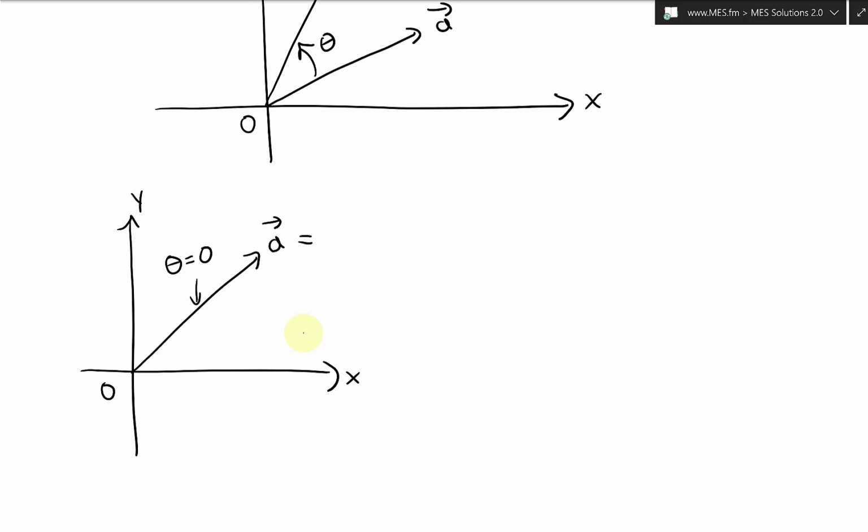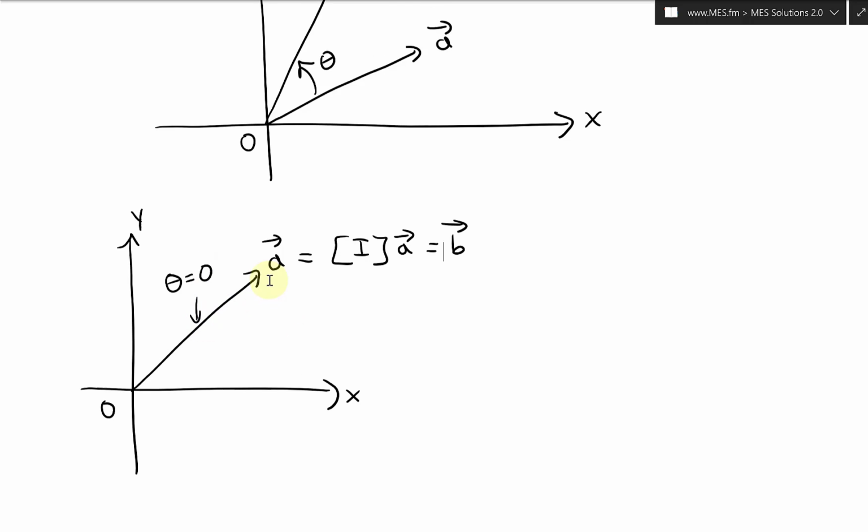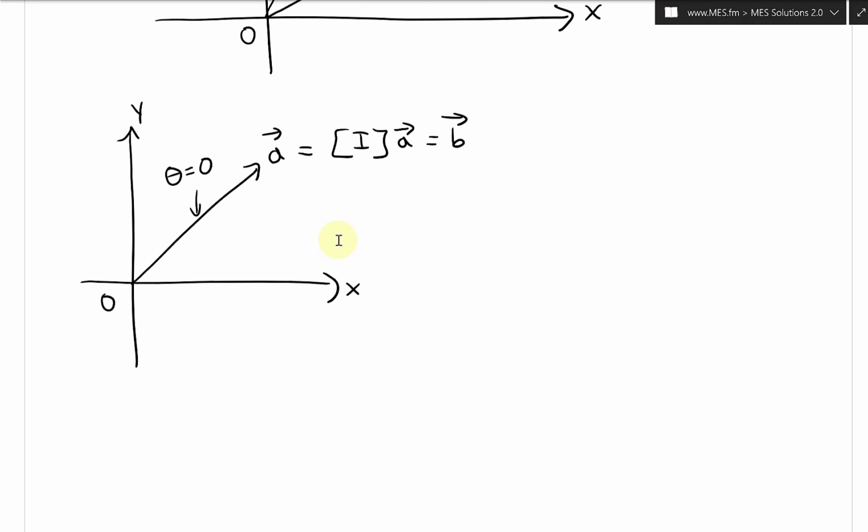So this is going to be R of 0, which equals 2. R of 0 times A, and we know R of 0 is just I, the identity matrix, times A. This equals B, so it's the same thing. Nothing changed. This equals itself.